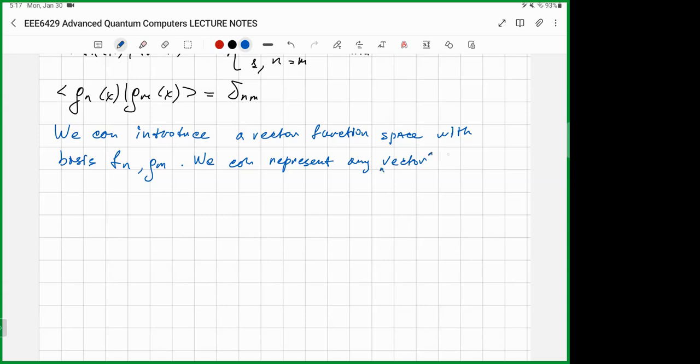Let's put it in quotes, because this is actually not a vector but a function.